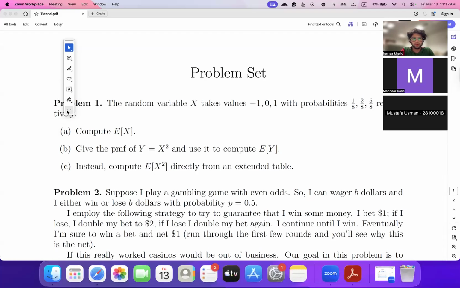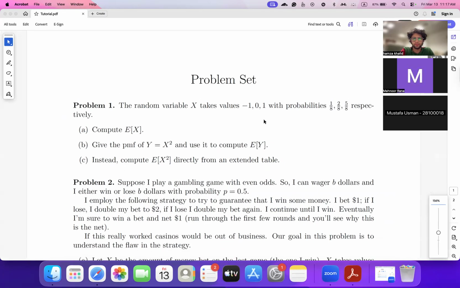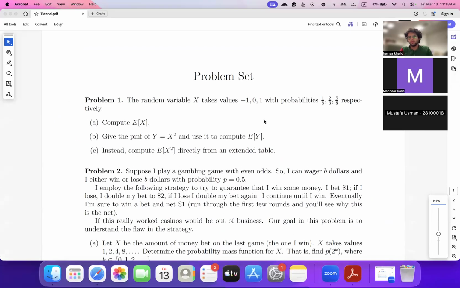So there are a bunch of questions. Let's just solve these. Okay, so the first one is: the random variable takes on these values with these probabilities respectively, compute the expectation of the random variable.